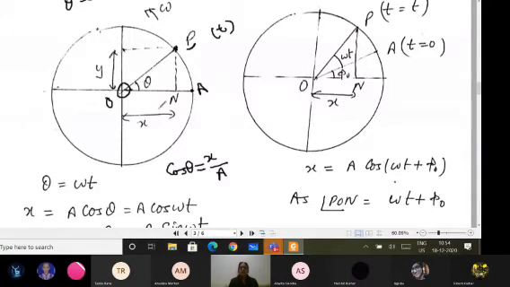A here, of course, I have taken as the amplitude. It means this distance OP, or let me call it Q, so OP or OQ equals the maximum displacement, that is amplitude.